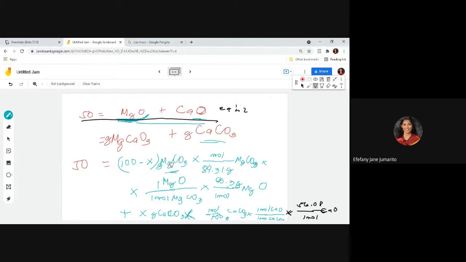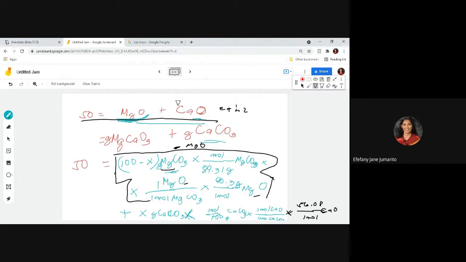So we express that until we get the MgO. This one is actually your MgO, the weight of your MgO.